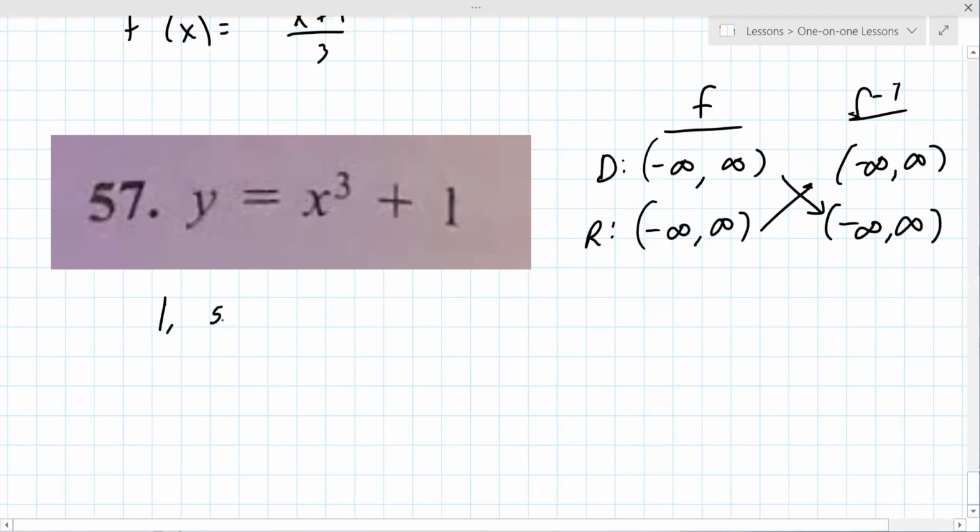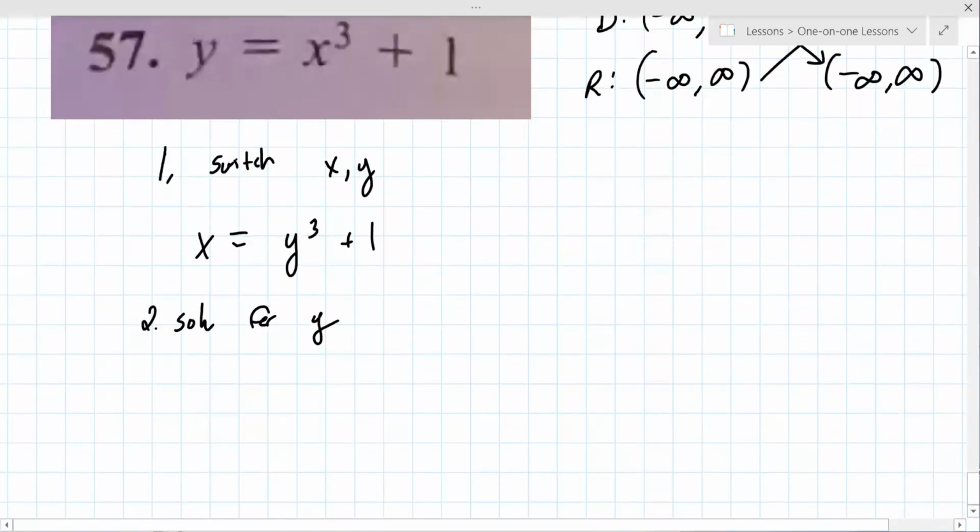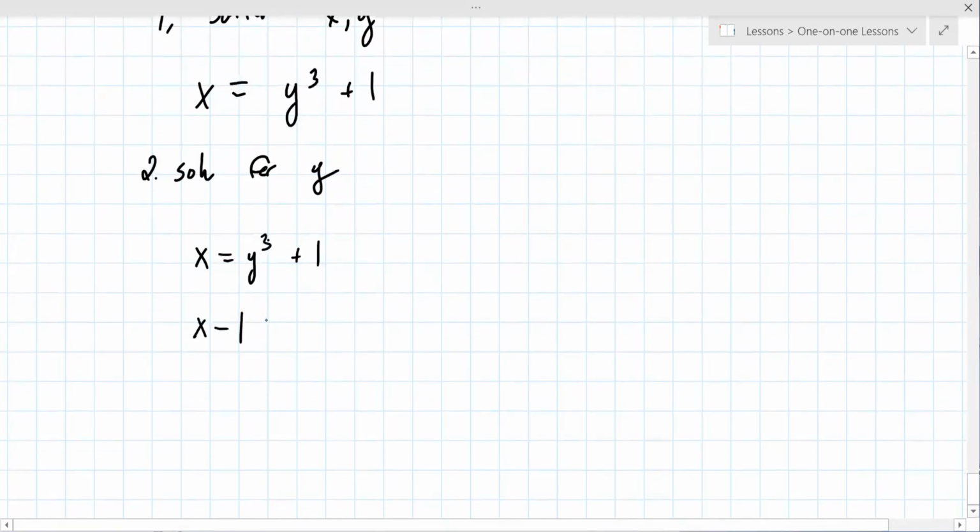So the first step is to switch X and Y, meaning wherever you see a Y, you put an X. Wherever you see an X, you put a Y. Step two is to solve for Y. This is where hopefully there's some comfort with that. It's not meant to be difficult, but you often have to undo exponents or roots.